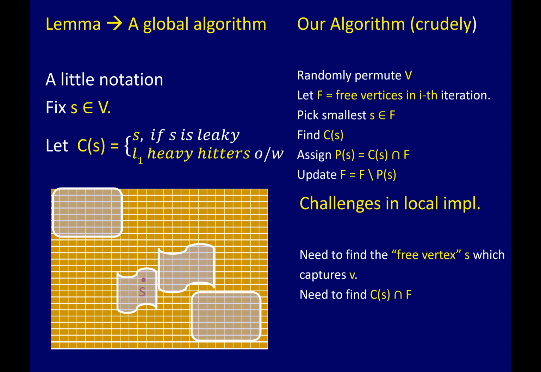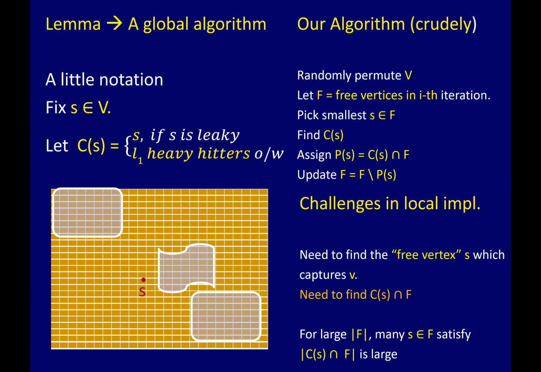If you look at the second challenge, we are able to handle it using the following lemma. This lemma shows that as long as the free set is large, you would have enough vertices belonging to F for which C of S intersection F is also large. That is, you have enough vertices that would lead to the capture of many more free vertices.